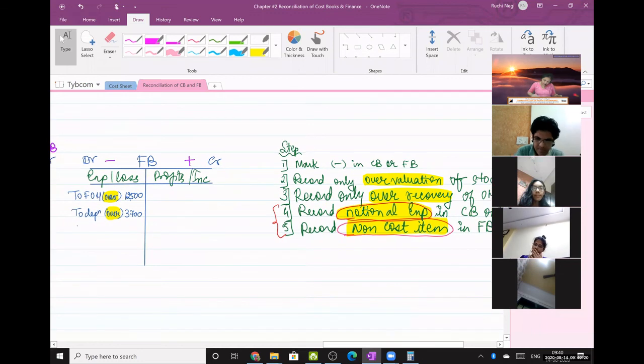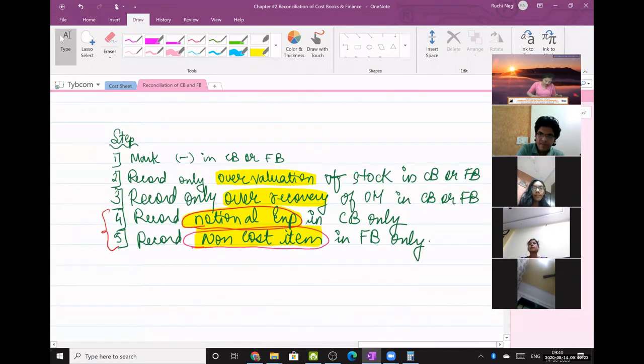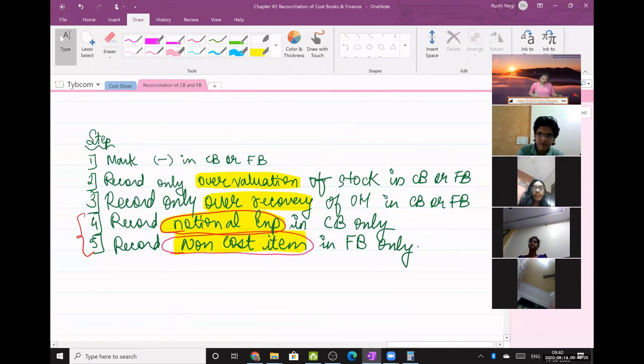And these steps will be repeated in all the sums. Definitely all the 5 things will be there in the question. There can be only the first 2 or first 3. So they are estimated expenses.